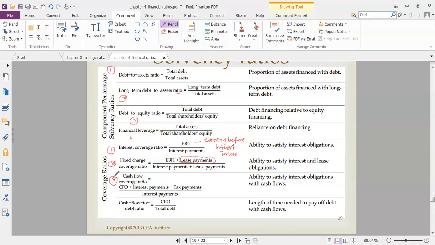The formula is cash flow divided by total debt. With this calculation, we can know the length of time needed to pay off debt with the cash flows. That is the cash flow to debt ratio.